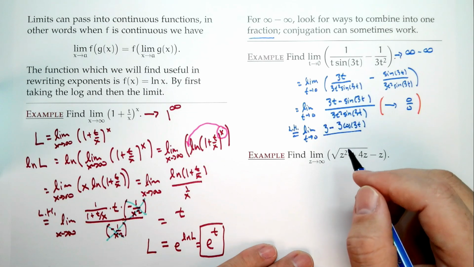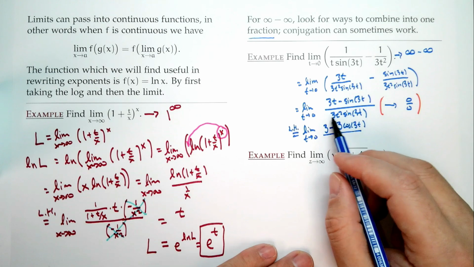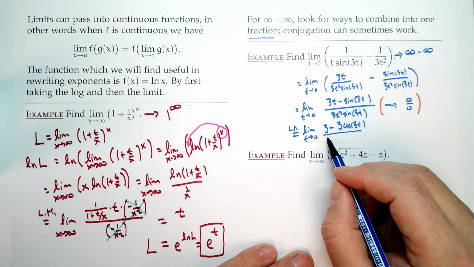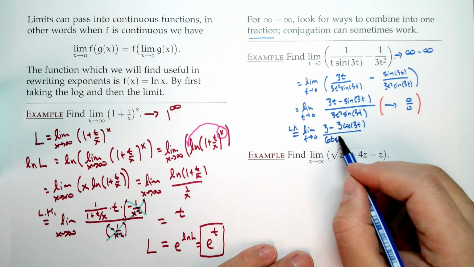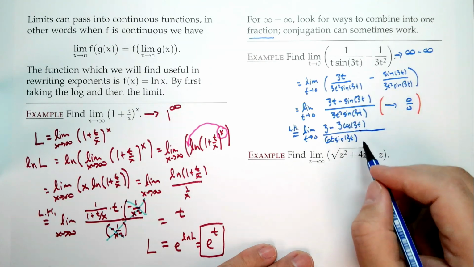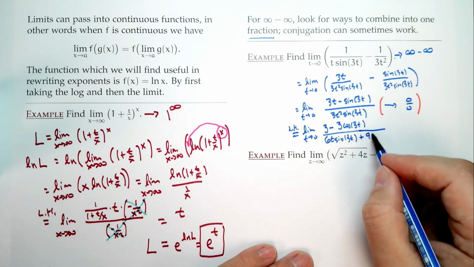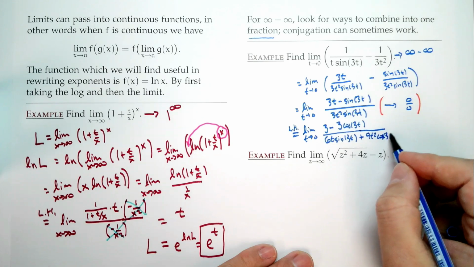Well, what'll that be? The derivative of 3t squared is 6t sine of 3t, plus 3t squared times the derivative of sine, which will give 9t squared cosine 3t.